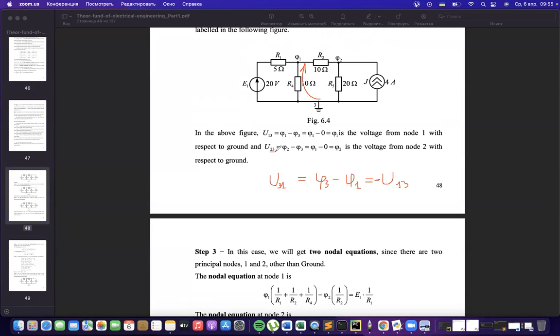Voltage 2, 3 is the direction from point 2 to point 3. Here it is. Okay? Okay, thank you for your question.